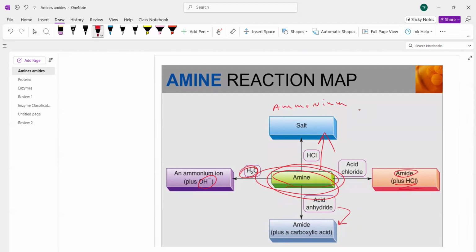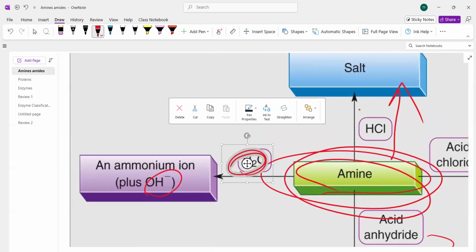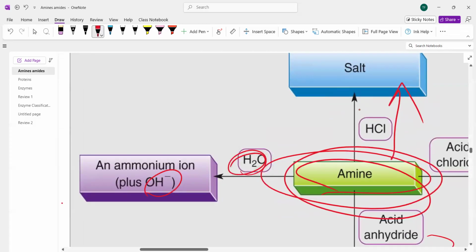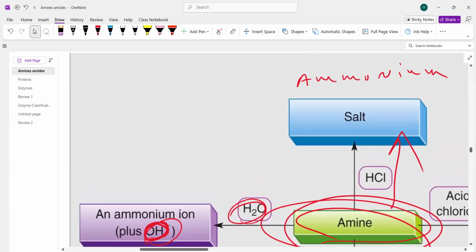So we put an amine in water. The water will pull off the H, forming an OH group pulled off from the water. If we put it in acid, we end up forming a salt.